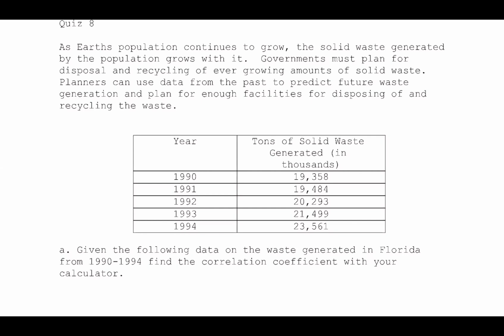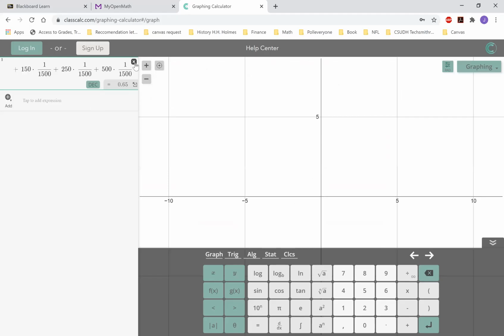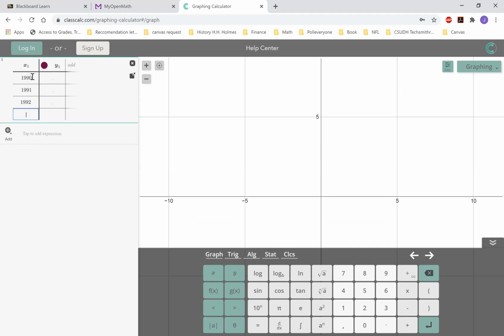You just do it in your calculator, which should have been Class Calc. So let me go over to Class Calc. We'll go to table and enter 1990, 1991, 1992, 1993, and 1994. That's your X1.